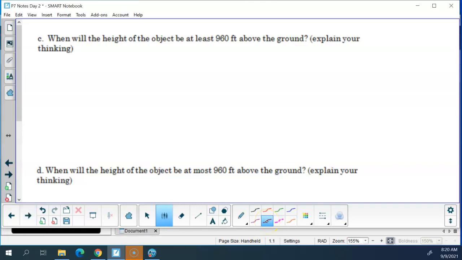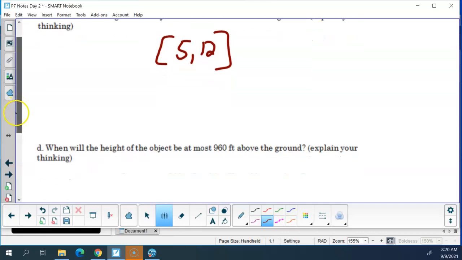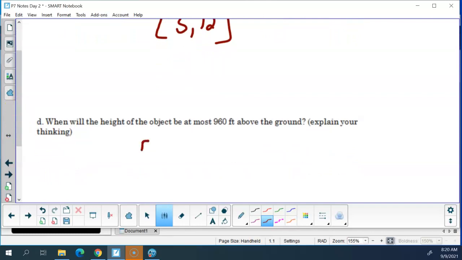Inclusive or exclusive? Because it's at least, right? When will the height of the object be at most 960 feet? 0 to 5, exclusive or inclusive? You're thinking inclusive at 5?